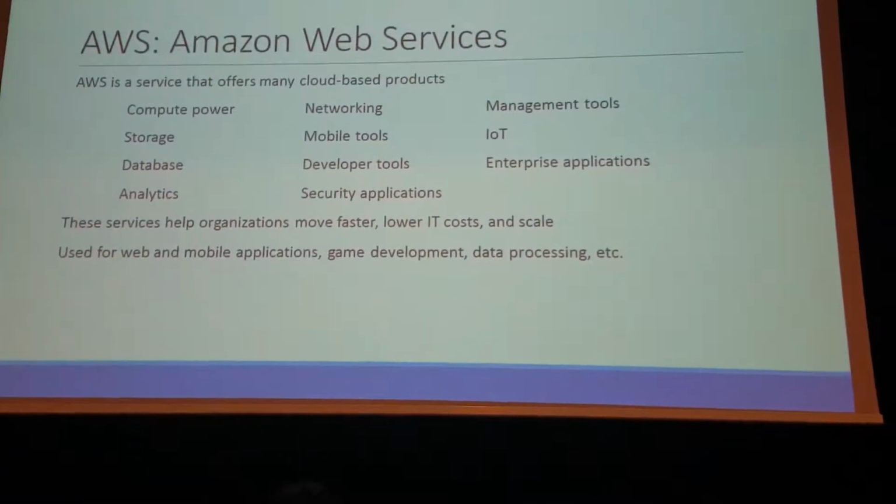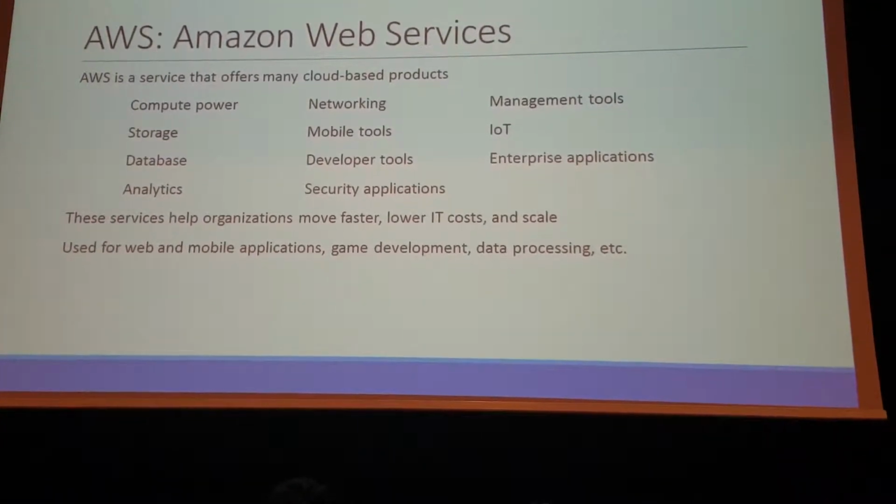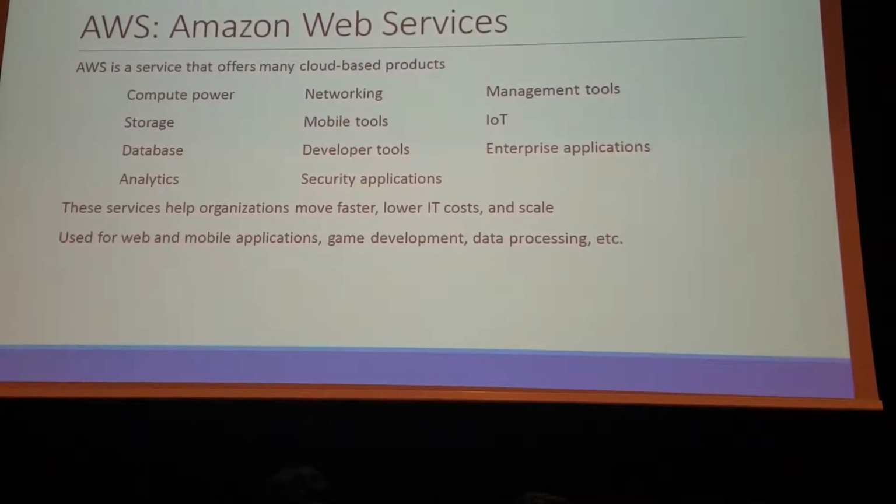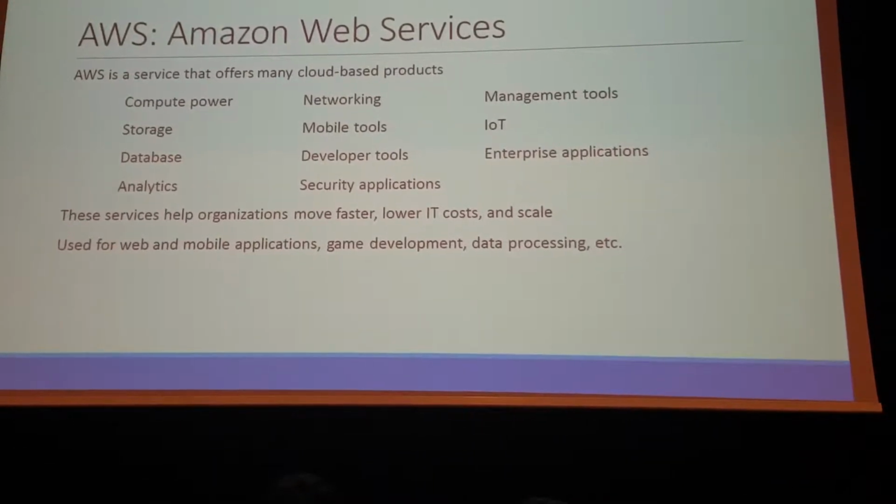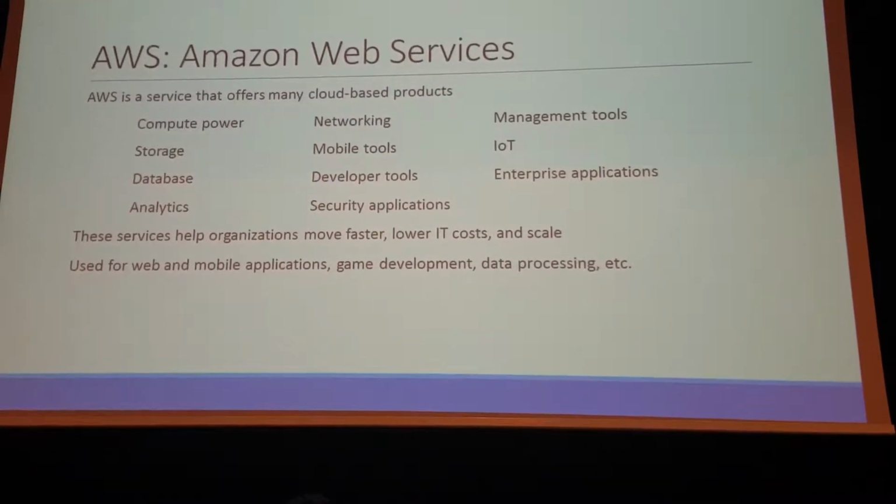Since Amazon is a large company that provides a large variety of services that cater to many customers, they're able to help each customer scale as well. Finally, many of these applications can be used for various different uses, including mobile and web applications, game development, data processing, and more.